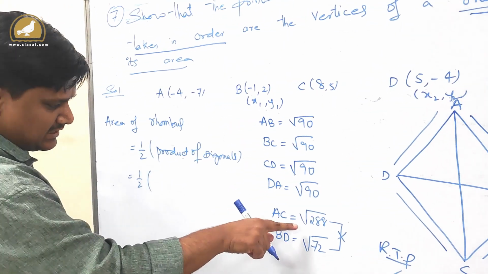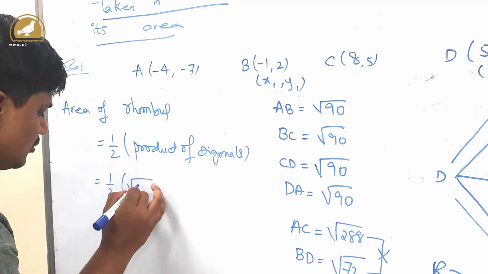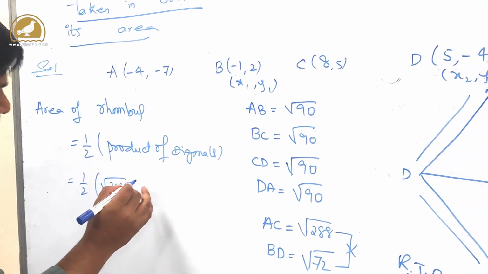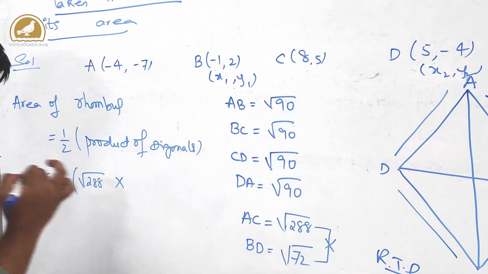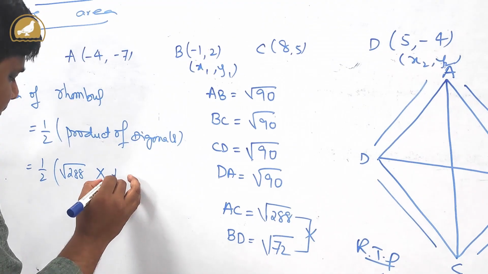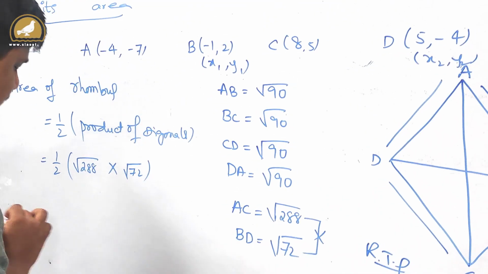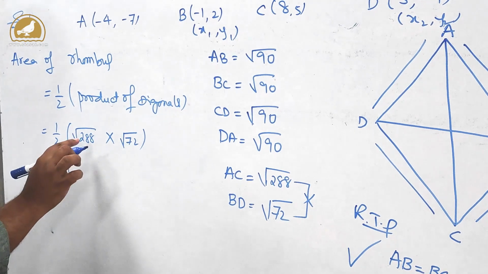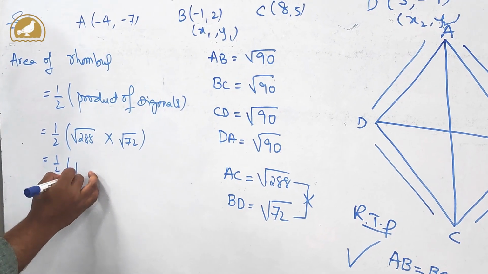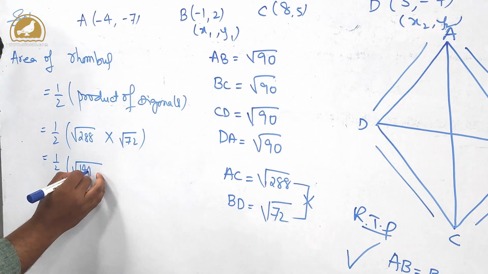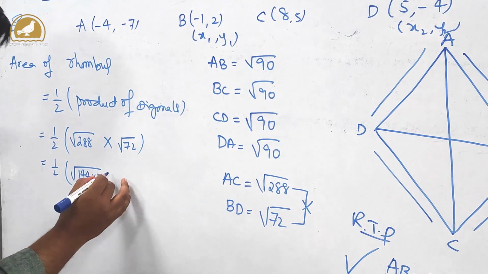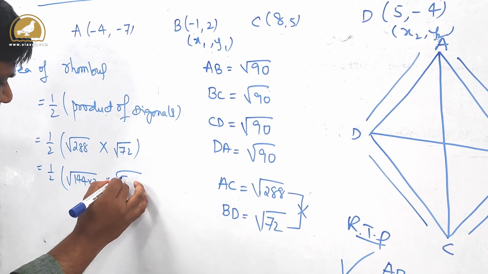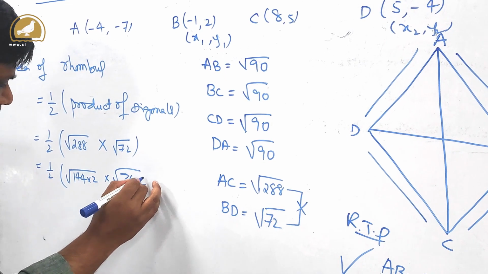Half into diagonals, which are root 288, product means we need to multiply, into root 72. This root 288 can be written as 144 into 2. This root 72 can be written as 36 into 2.